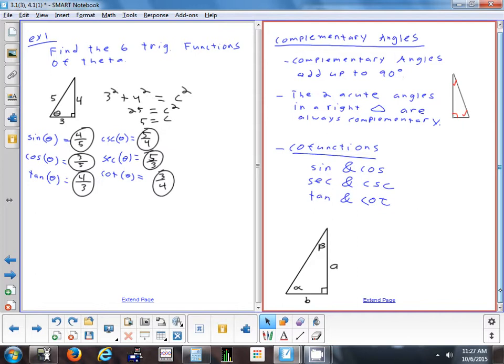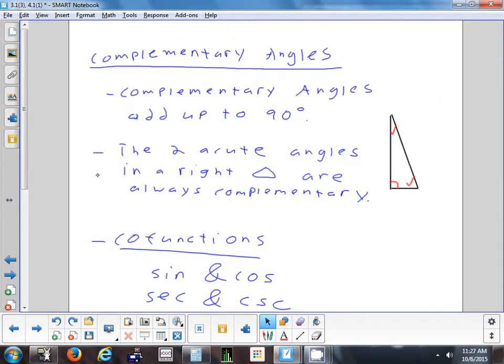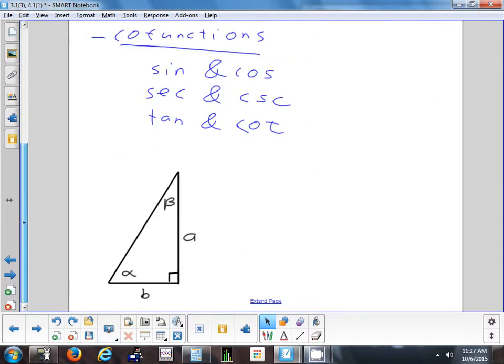On your paper, I want you to draw that triangle. The hypotenuse would be side C, but I'm not going to use it here. I've labeled the height as A, the base is B. And then I've got two Greek letters.